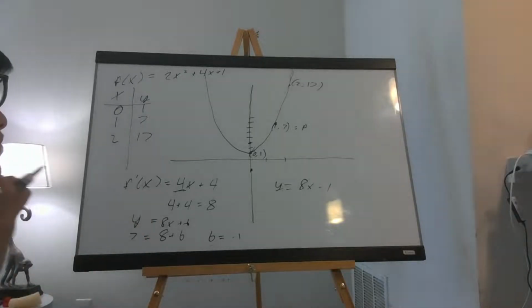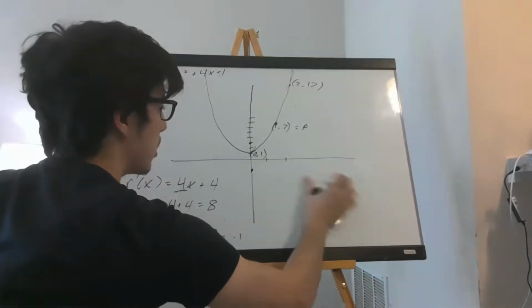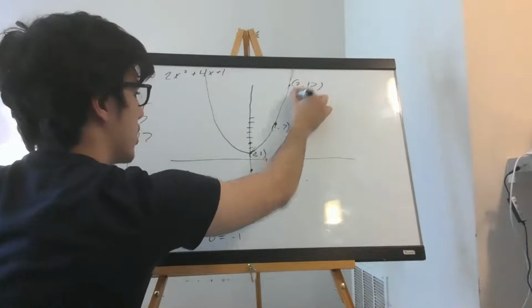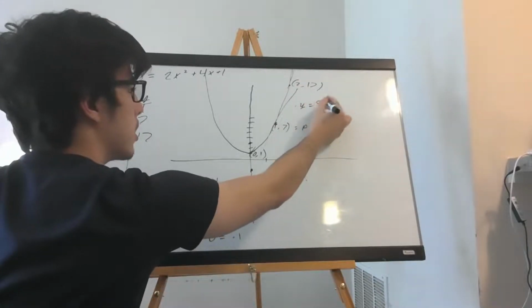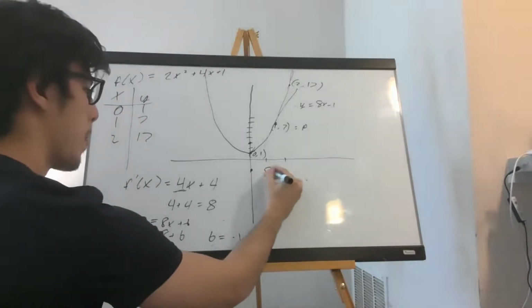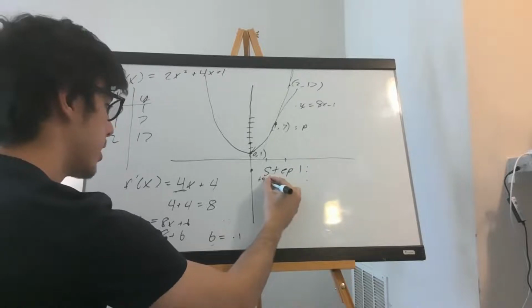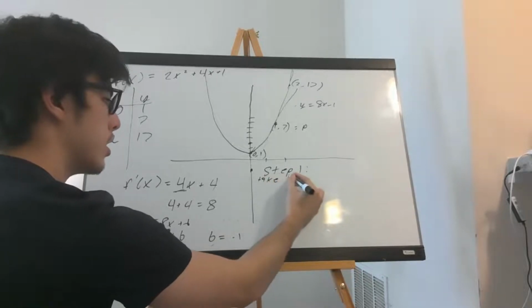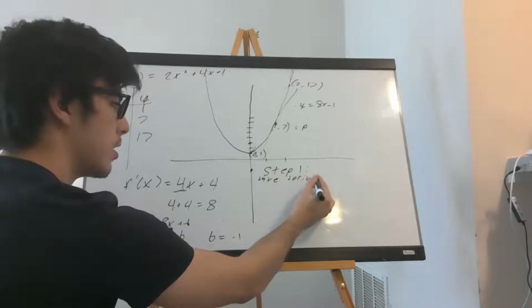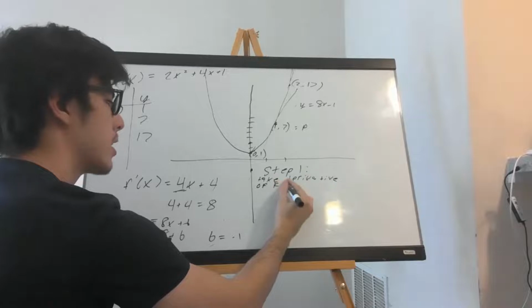So when you get the derivative, you know what? Let's write this out by steps. So y = 8x - 1. I'll put that for the tangent line here. The way we approach this is: Step 1, take the derivative of f(x).